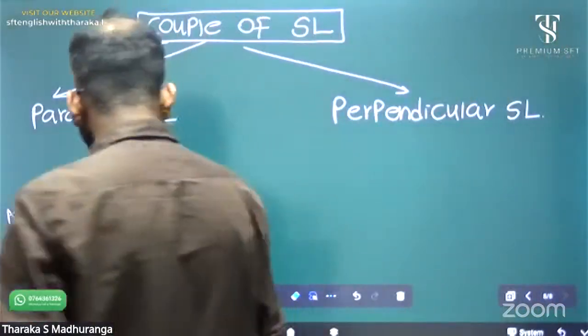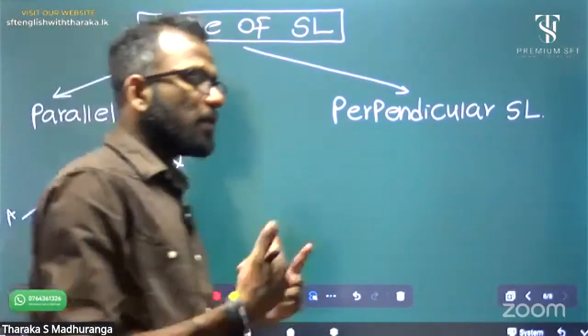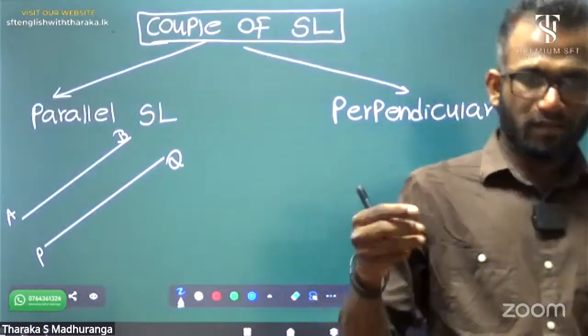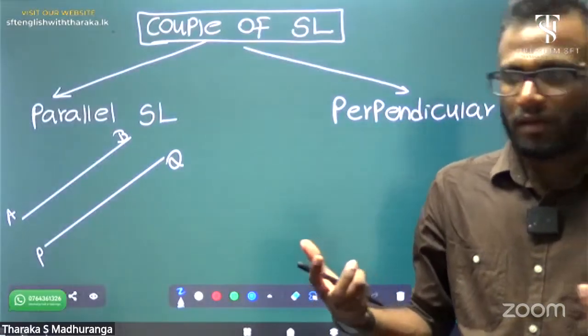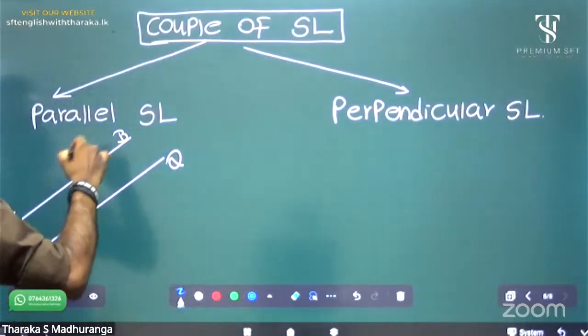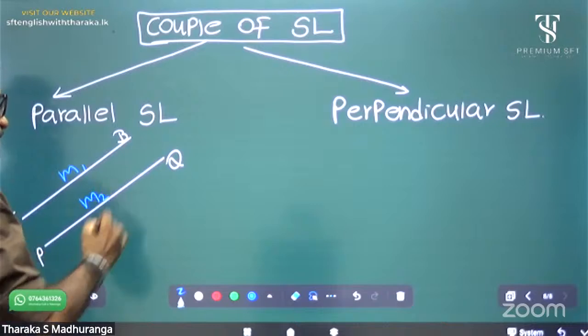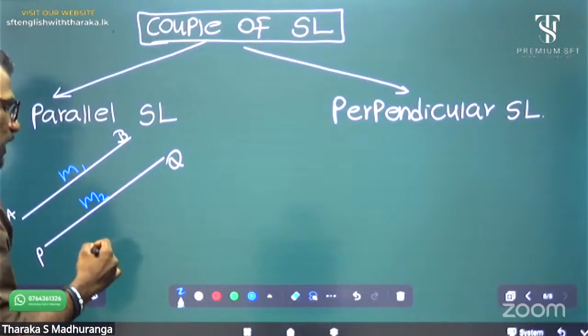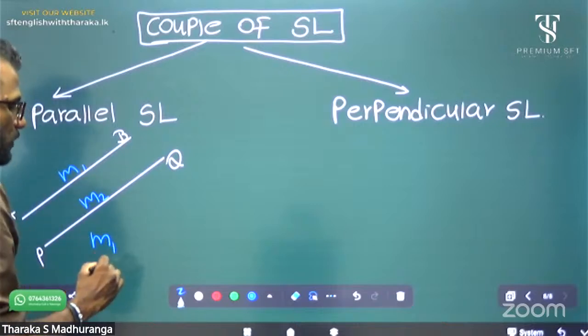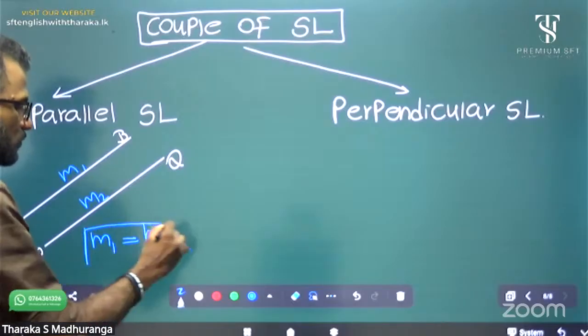That's the condition, that's the rule. Think AB gradient M1, PQ gradient M2. Then if they are parallel, what about their gradients? M1 is completely equal to M2.